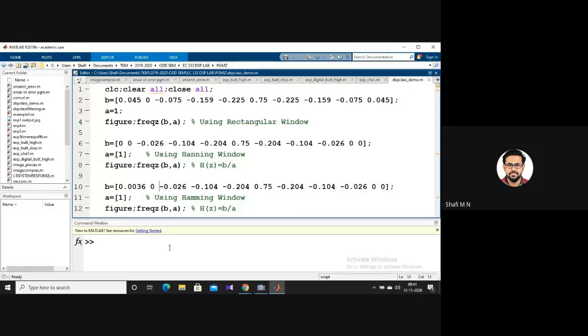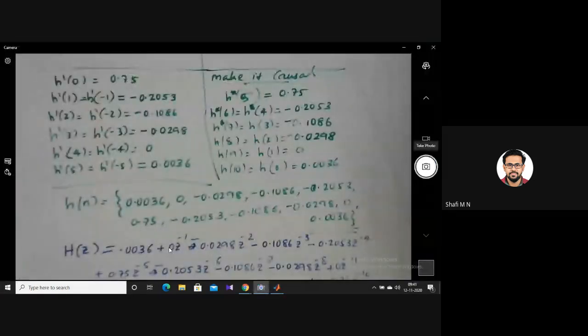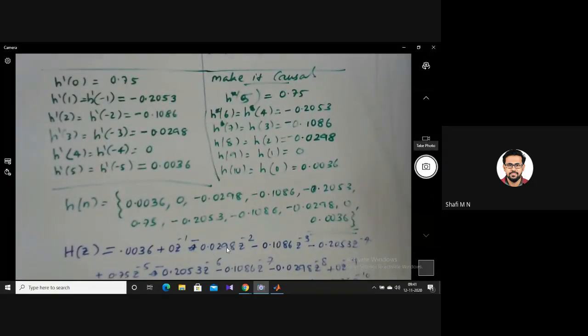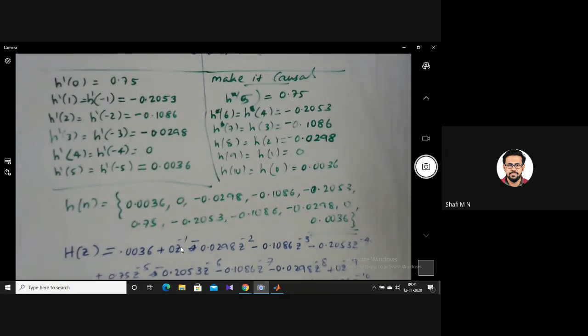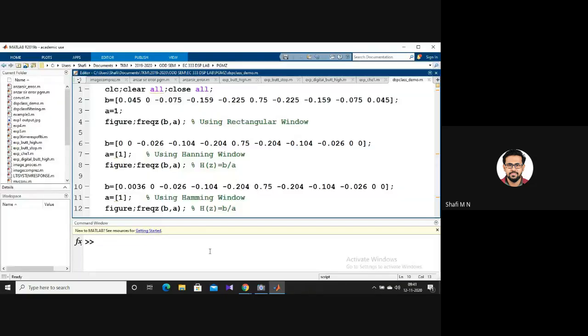Third coefficient is minus 0.0298 z raised to minus 2. This is the B value. B matrix is the numerator coefficients of the powers of z raised to minus n. So next is minus 0.0298. Let me fill all the values.